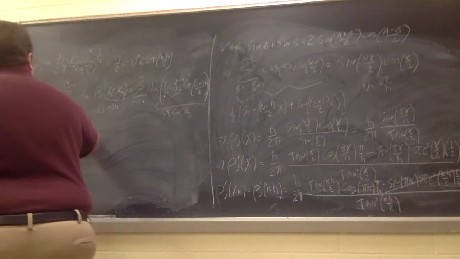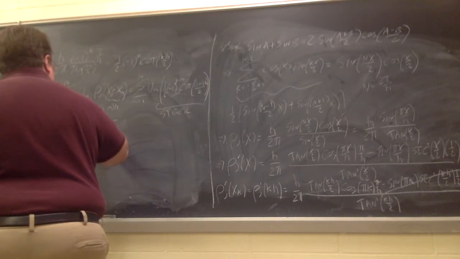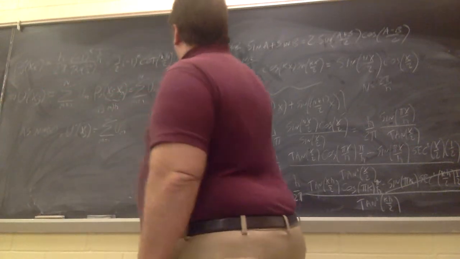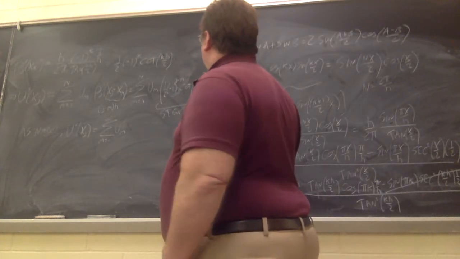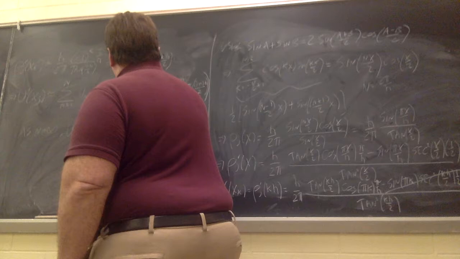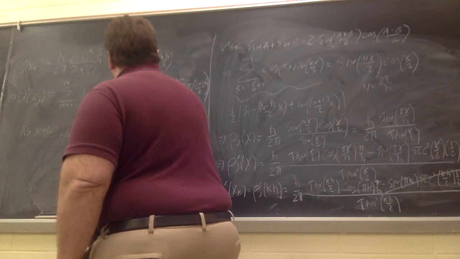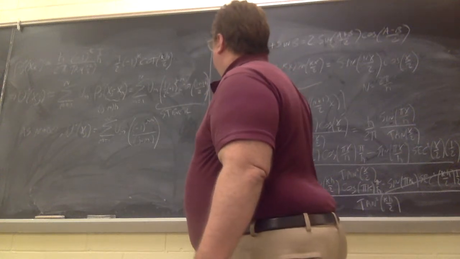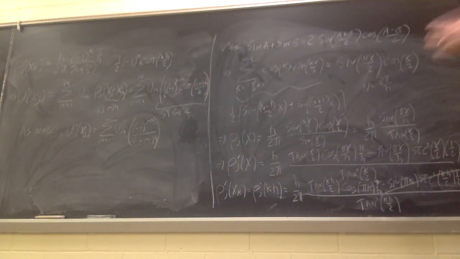So u prime converges to the sum, m equals 1 to infinity, of um times minus 1 to the j minus m over j minus m, because cotangent of this converges to just 1 over this. I flip this, the 2's cancel, and then that goes in the denominator. So for particularly large values of n, the coefficients look like that.